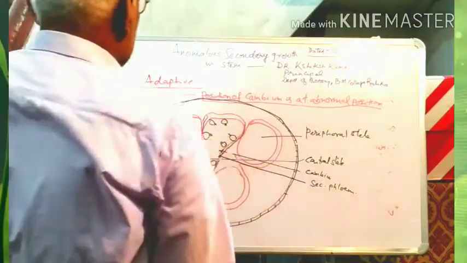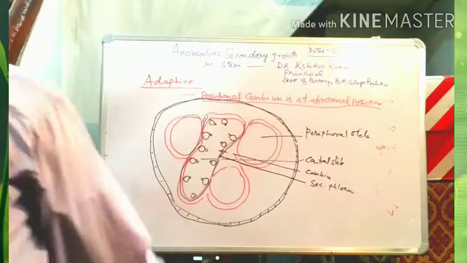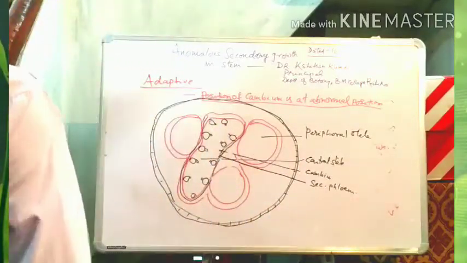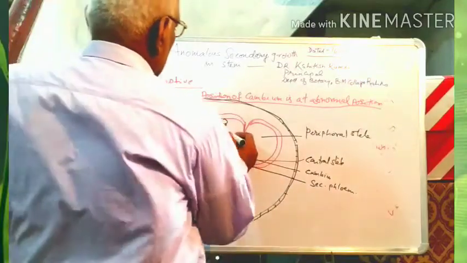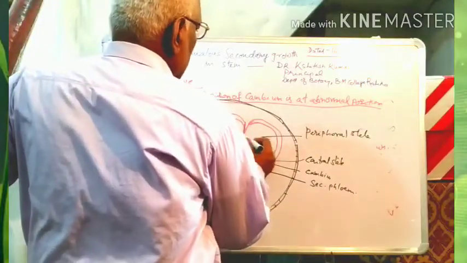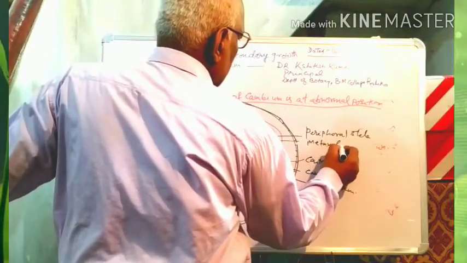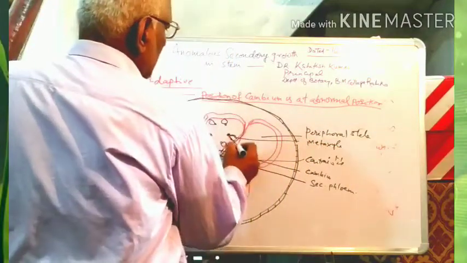I have sketched one of the steles. Likewise here also, here also, here also. So this is the metaxylem and this is the protoxylem.